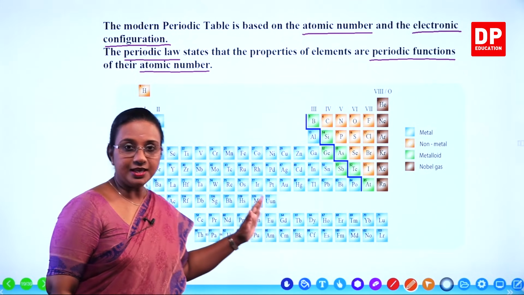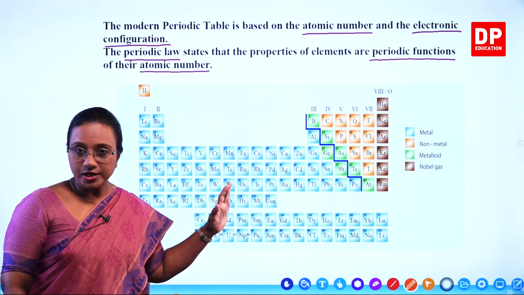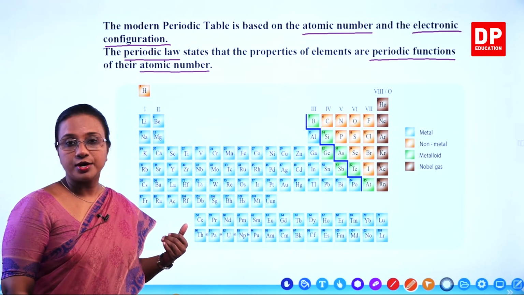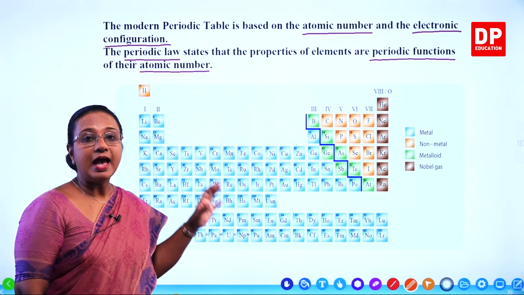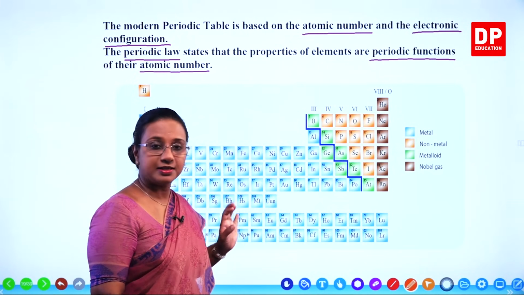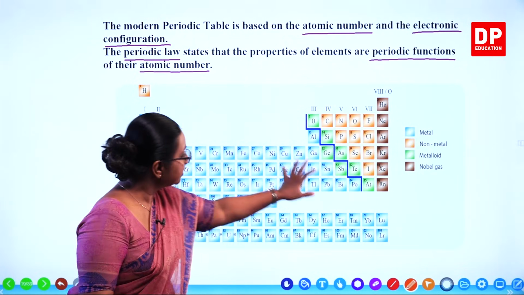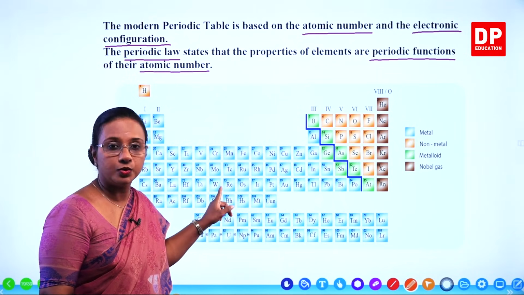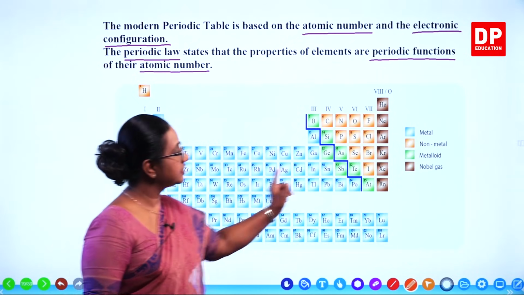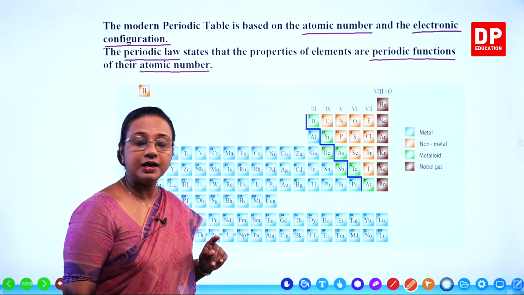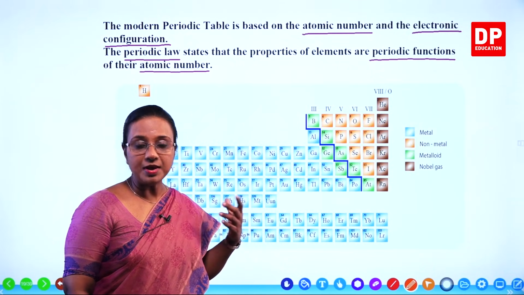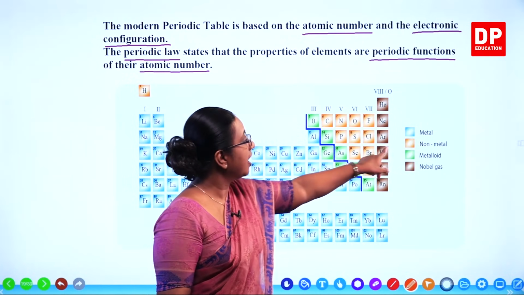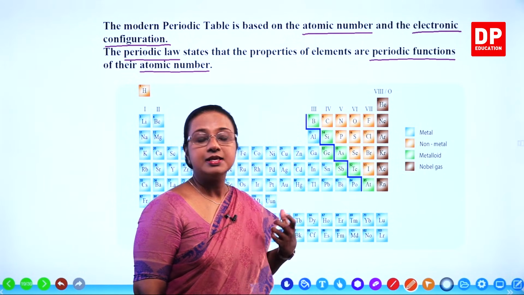As you can see, the elements in the periodic table are arranged according to ascending order of atomic number, and you can see a pattern here. All this part of the periodic table is colored in blue because these elements show metallic character. We call them metals, whereas the light brown color region are non-metals.